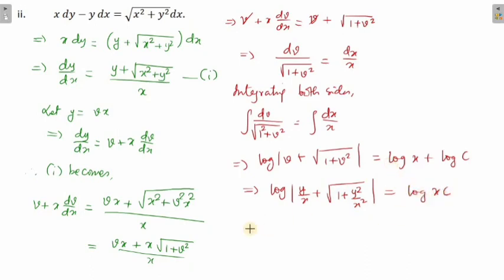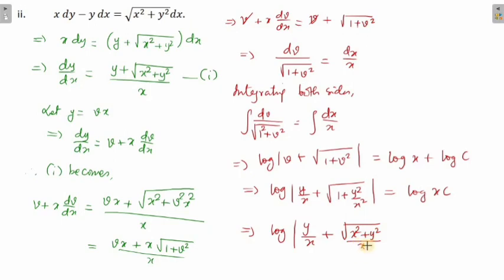See here carefully. You can find the LCM if you want to. If you find the LCM, what you will get is log of y by x plus, here, root of x square plus y square by x.